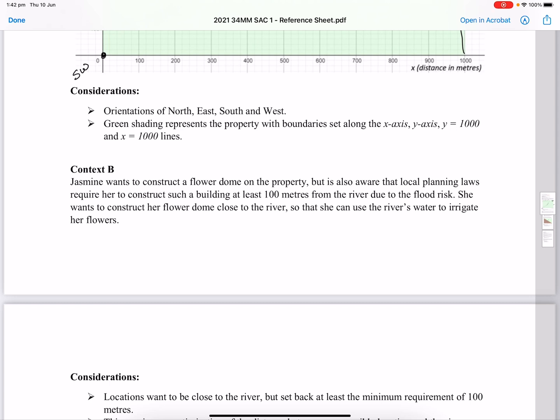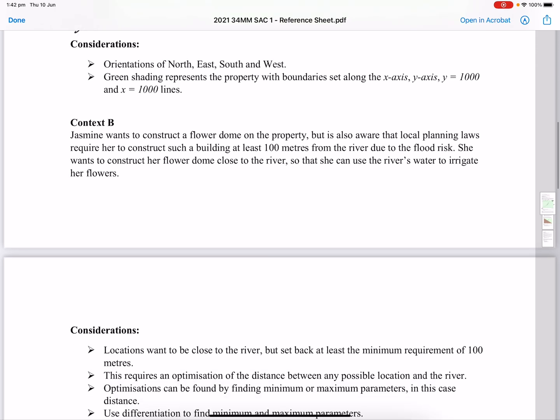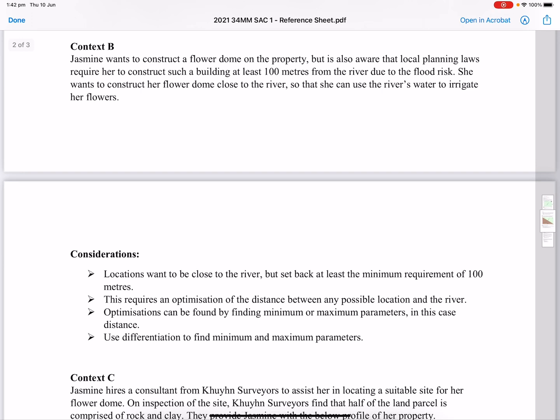So the local planning laws are suggesting that we need to be at least 100 metres for it to be built. She wants to construct her flower dome close to the river so that she can use the river's water to irrigate her flowers. So the considerations here: you want to be close to the river, but you want to be set back the minimum requirement of 100 metres from the river.